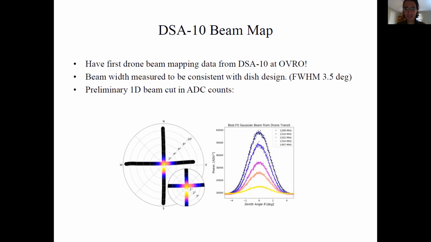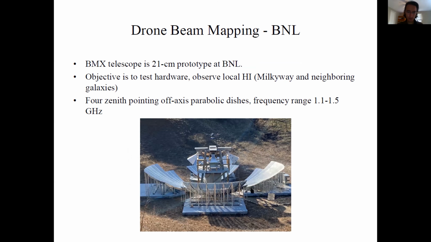So ideally, the plan is to not just do this cross-shaped pattern, but to fill out with a grid, so you get a better picture of the beam. And that was what we did at Brookhaven a little bit later. So this is another 21 centimeter experiment that Andrzej Slosar is developing there.